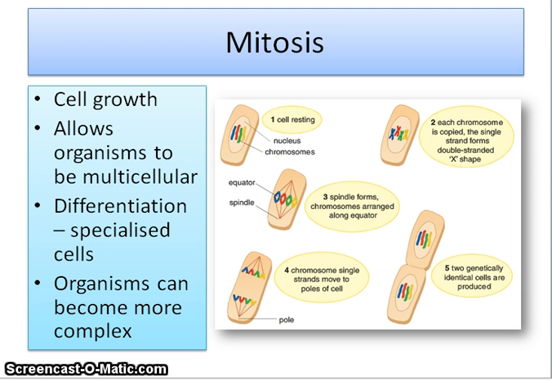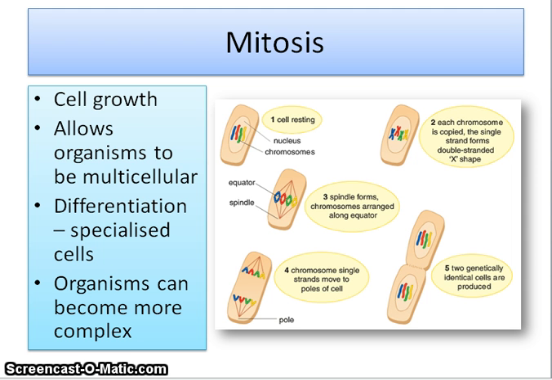Each cell produces two genetically identical daughter cells. And if you're asked for a definition of mitosis, that is what you would say. It's the production of two genetically identical daughter cells. This increases the total number of cells in a multicellular organism.